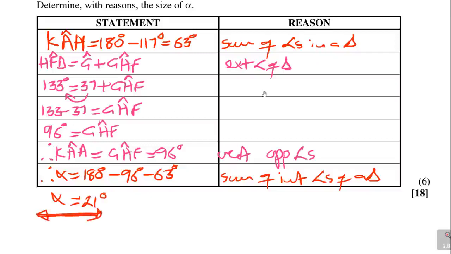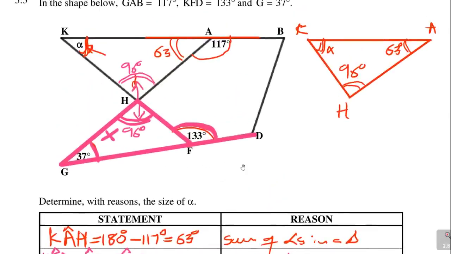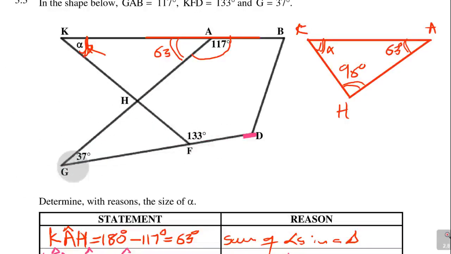There were many different ways we could have approached it. I'm just thinking loud. We could have even used this triangle here, and this triangle here, and this triangle here.